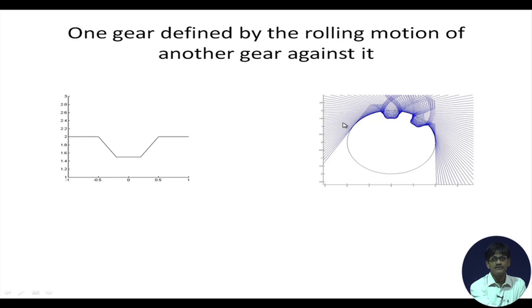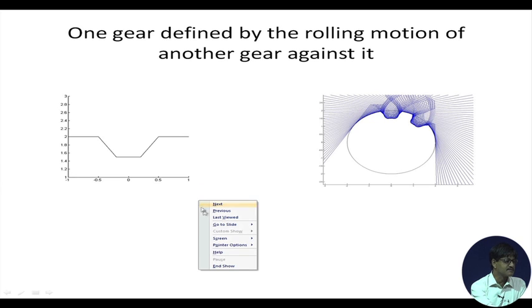The continuous positions of the rack are recorded here, and when I take the conjugate envelope, which means just the opposite space, I find that it is generating a gear tooth shape. If I had allowed the rack to move all around, it would have generated the complete gear teeth profile.